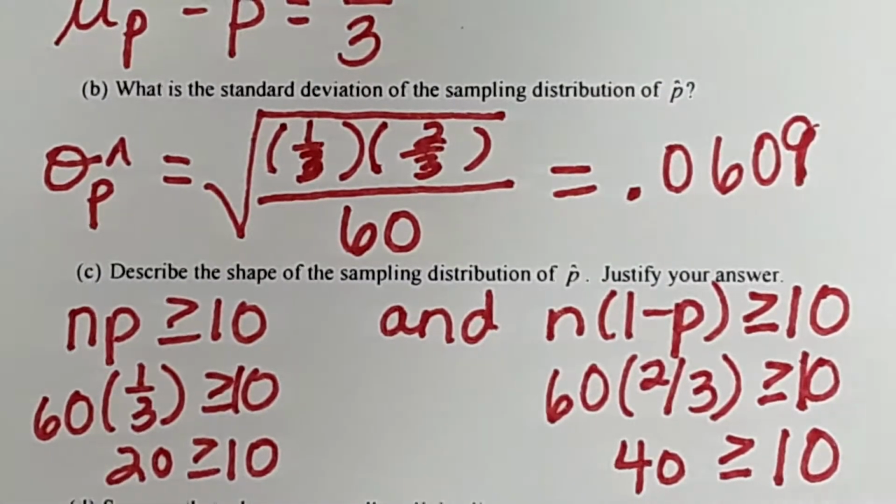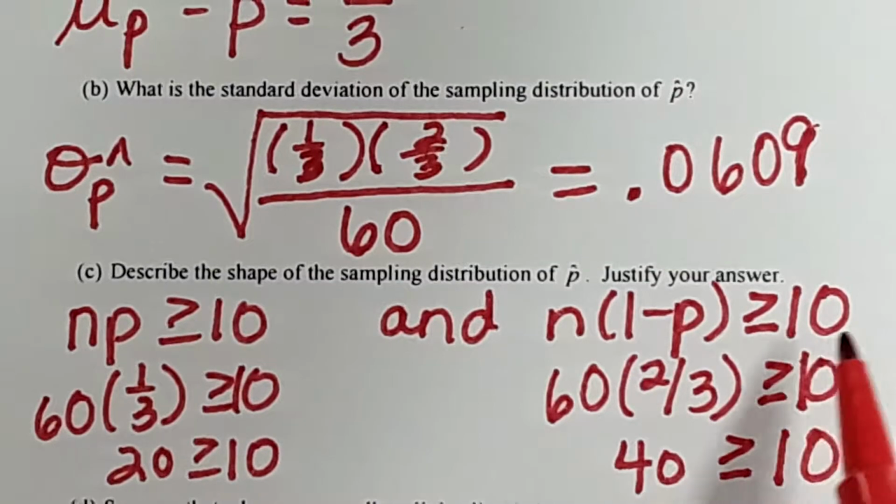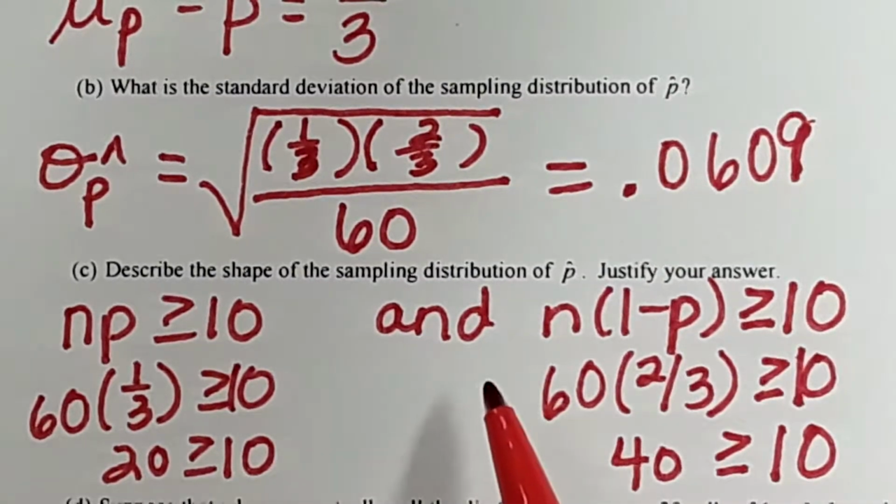And how do you know it's been met? Because you just proved it. Or you can say, since n times p is greater than or equal to 10 and n times 1 minus p is greater than or equal to 10, the shape of the distribution of p hat is approximately normal. Okay?